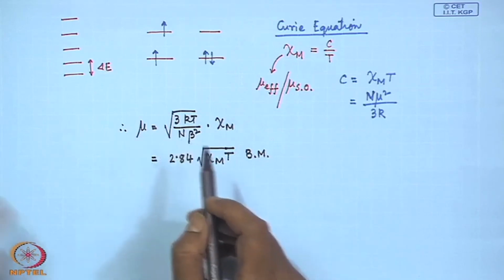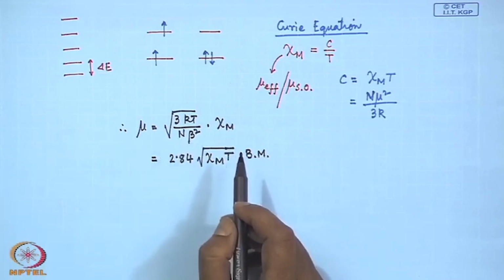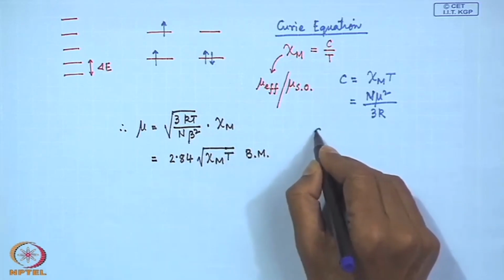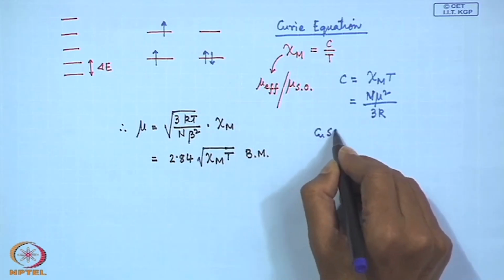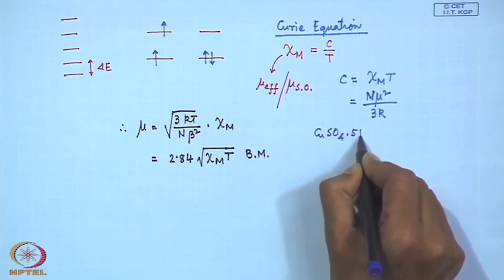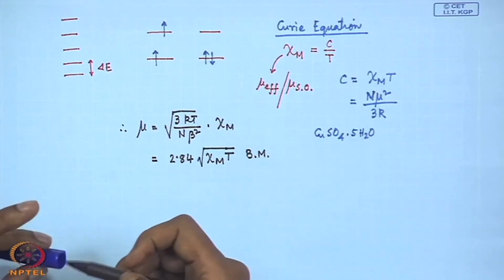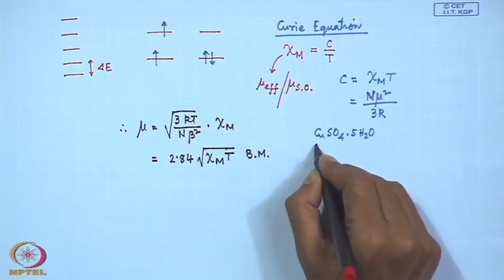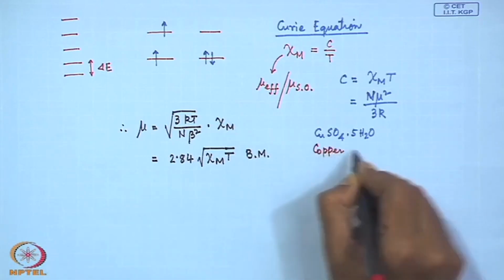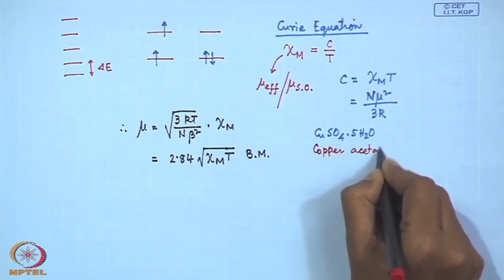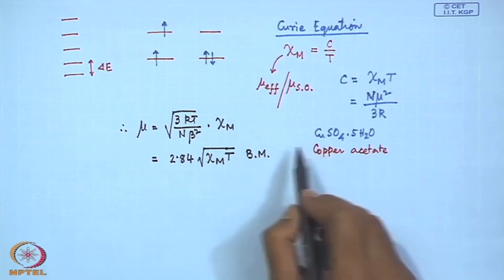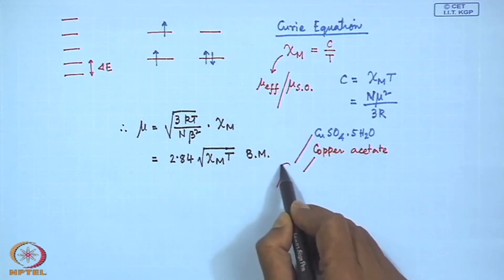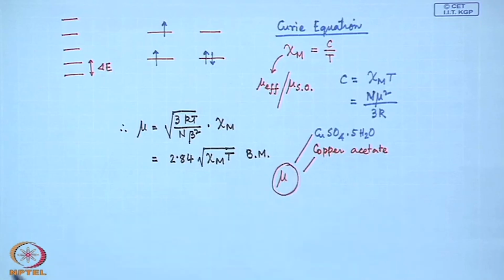So our problem for determining this magnetic moment is whether for a particular system like a copper compound, any simple copper salt, say copper sulfate pentahydrate, and the one we have just seen, which is copper acetate. So if we can have these two compounds in our hand, we want to measure the corresponding mu values for them.